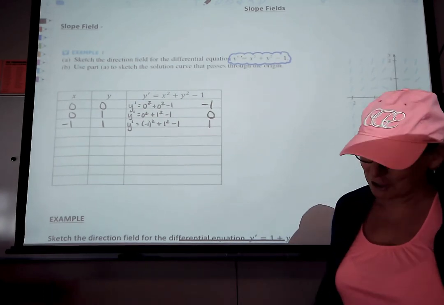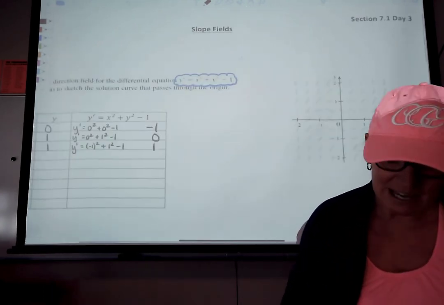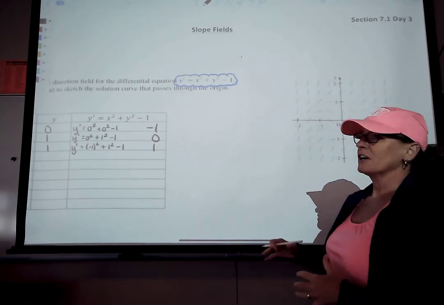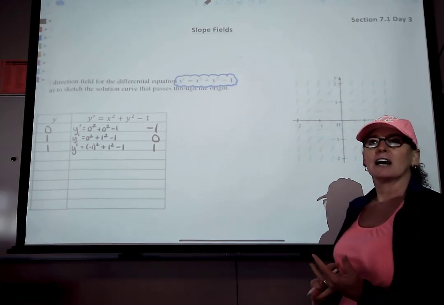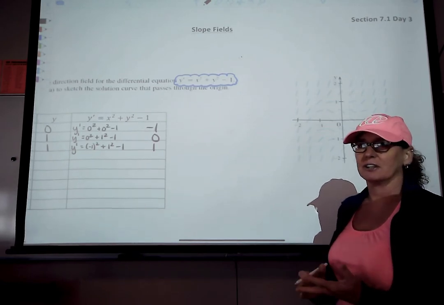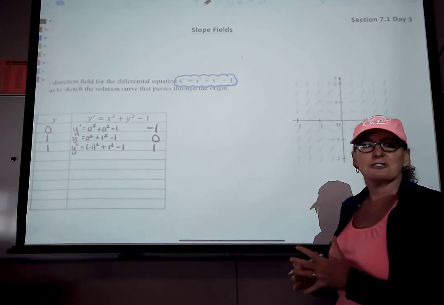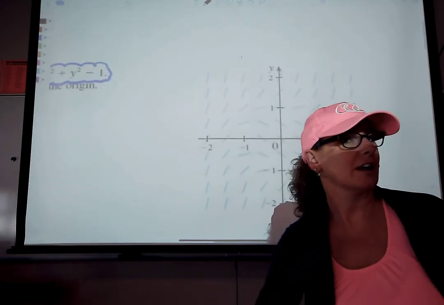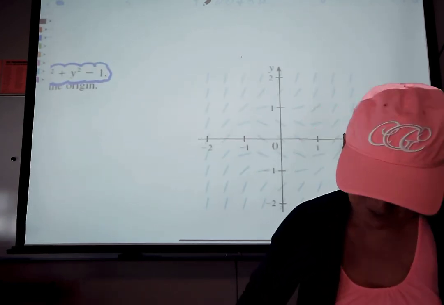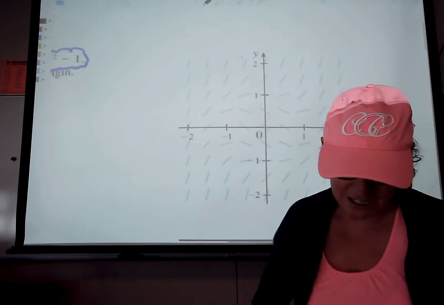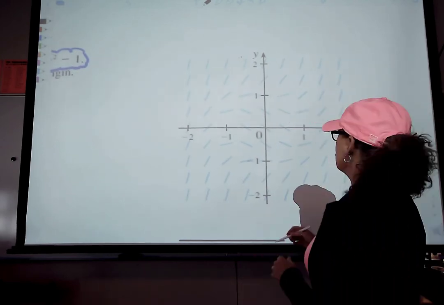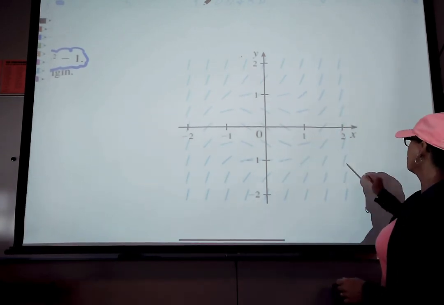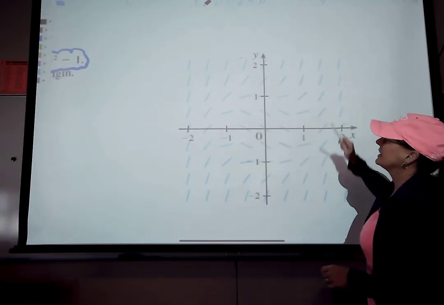Now, I can keep on going, but the thing is, it's already been done for us. I think there's a graphing calculator app for certain graphing calculators and a computer app that actually sketches the direction field for you. Of course, you're not going to have that luxury on an exam. But what they've done over here is, 1 through 9 by 1 through 9.